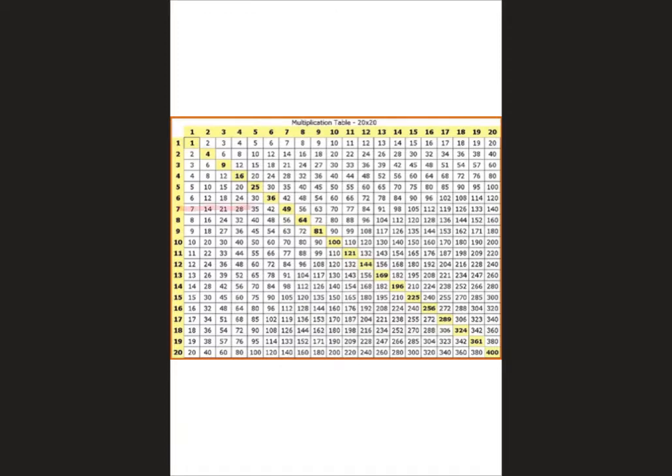So if I look at, say, 7 times 7, I'm going to get 49. If I look at 17 times 17, I'm going to get 289. The way you would get back to the number that is multiplied by itself, though, like the opposite of addition is subtraction, the opposite of multiplication is division, the opposite of squaring something, like 7 squared or 17 squared, is taking the square root of something, okay?